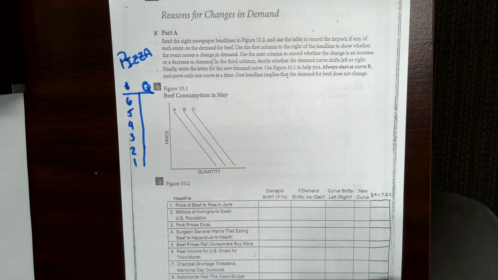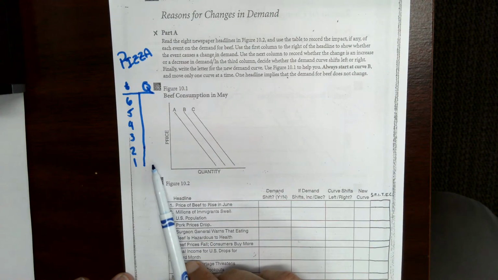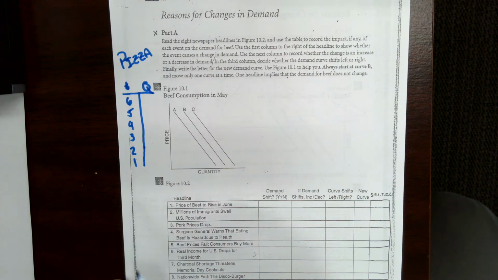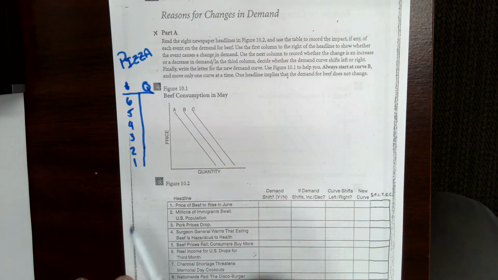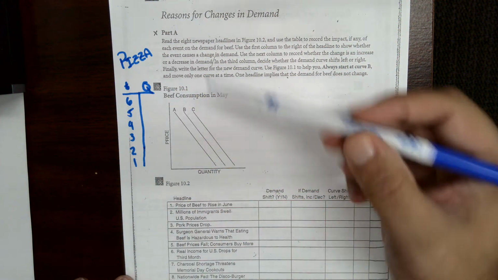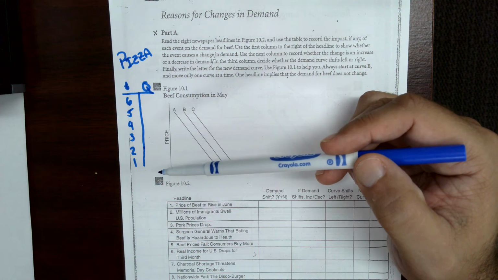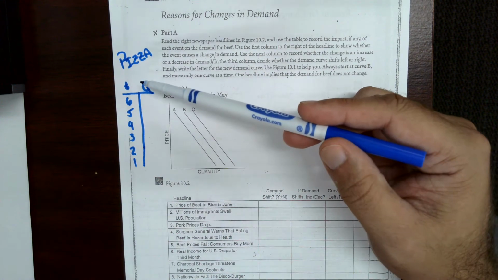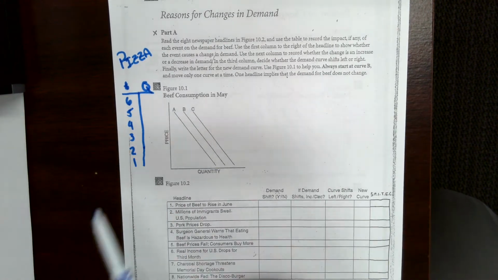If a slice of pizza that you're thinking of was priced at $1, how many slices would you be willing to buy? Write a number down. If that slice of pizza was $2, how many would you buy? Then 3, 4, 5, and 6. As you do this little activity, I'm not going to hit pause. I'll give you a second to do it. Write down the quantity that you're willing to buy at that given price.